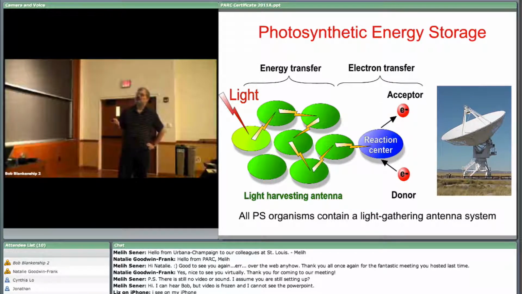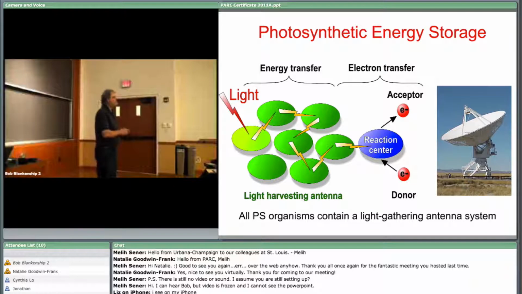These are chlorophyll type pigments or other pigments. Then there's what we call an energy transfer process that delivers this energy to a complex called a reaction center, which does the chemical transformation of the light by transferring an electron from a donor to an acceptor.